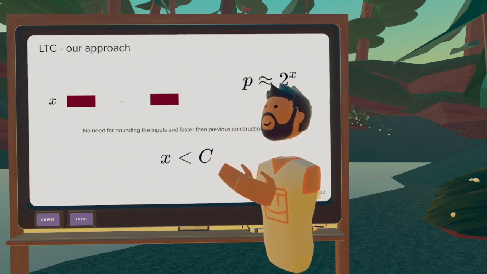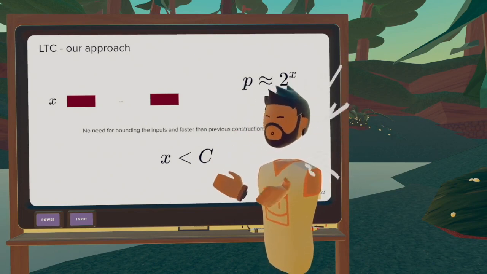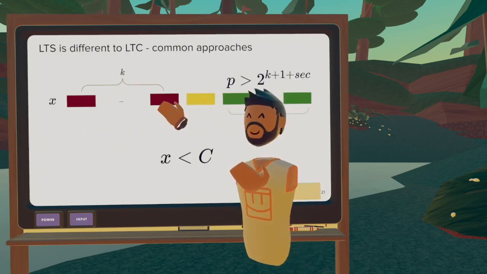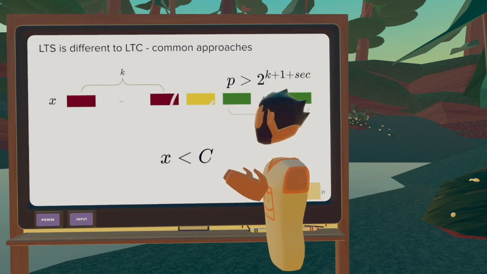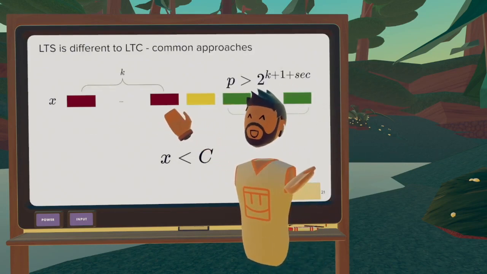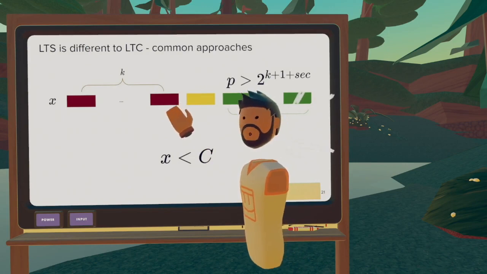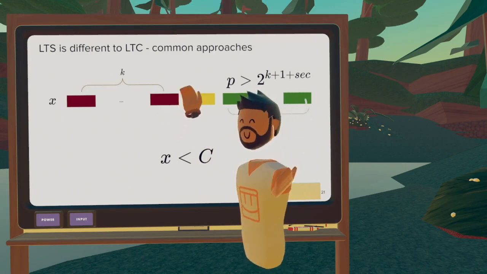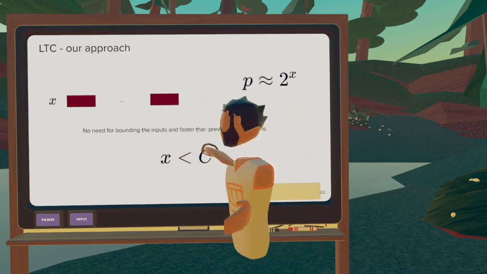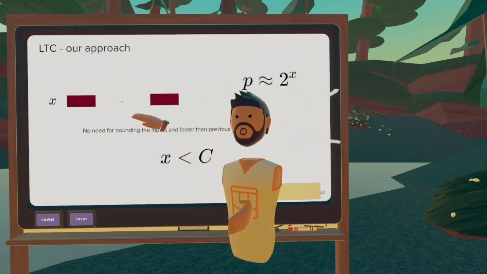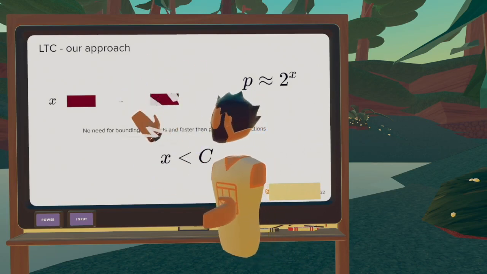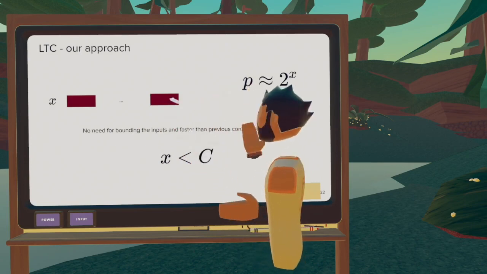Also, a good benefit of this approach is that in here we needed to make sure that x is going to be k bits long, but if inputs were going to be malicious, it's slightly hard to ensure that the inputs are k bits long, whereas in our case we don't need any restriction. We don't have any restrictions on x. Basically x can be any number going from 0 to p minus 1.